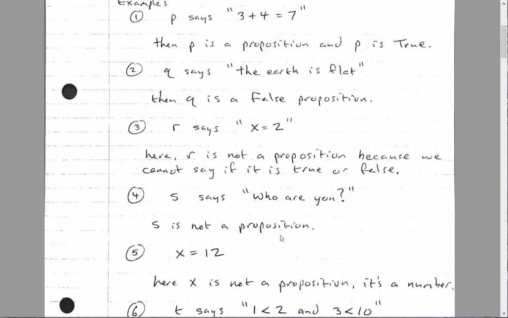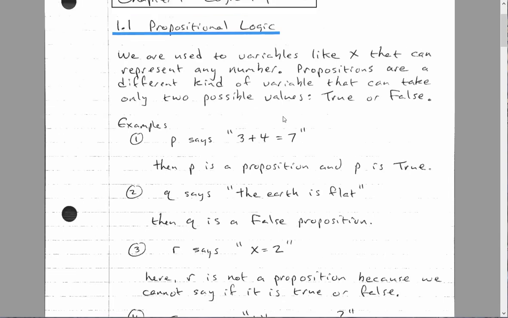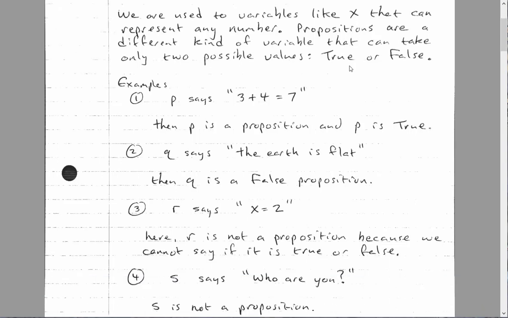All right, so not everything is a proposition. Remember, propositions have to be true or false. And they can't be both, just one or the other. Just like our usual variables x, if they take a value, they have to take just one value, one number.